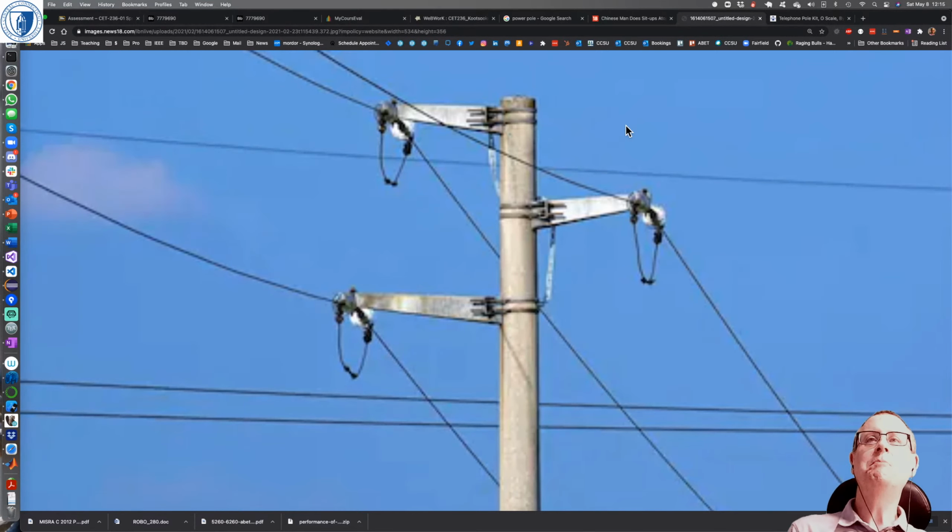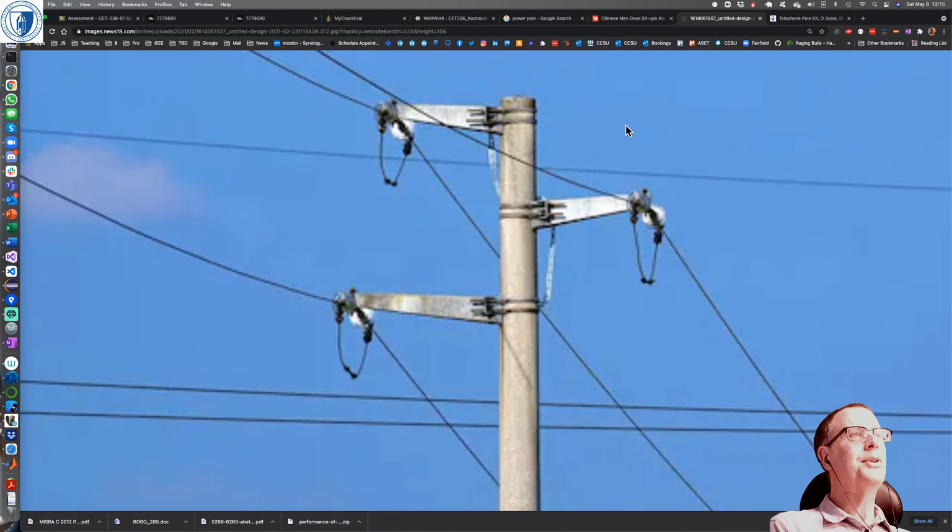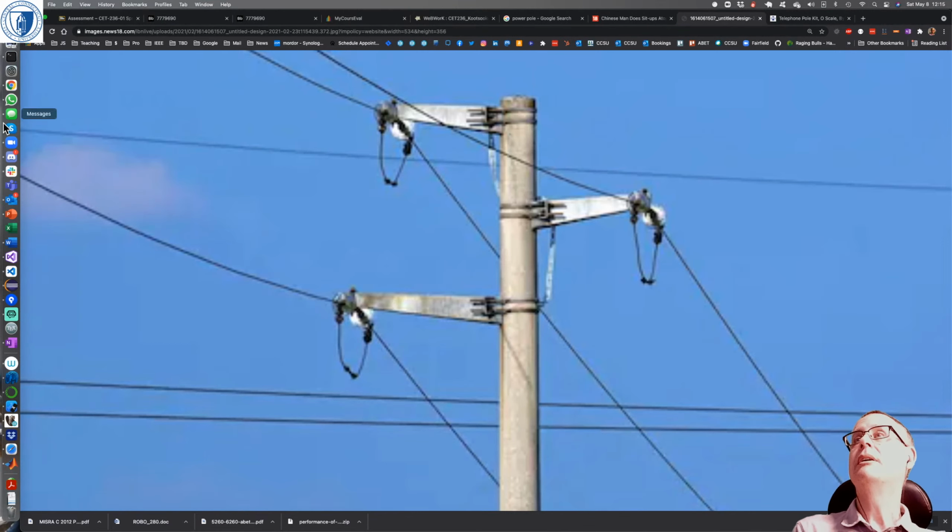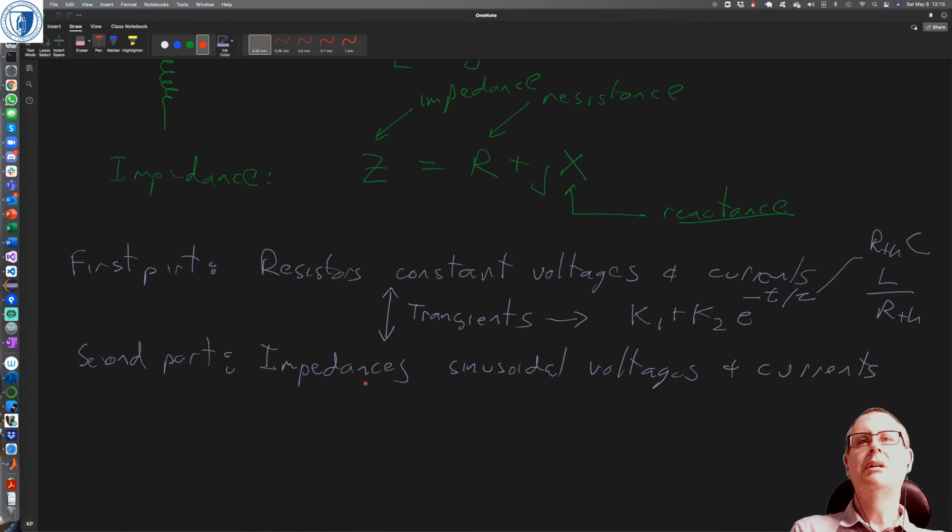These 3 wires on this example picture are 3 different phases, and it's like it was said earlier. The 3 phases are generated from rotating machinery. Let's have a quick look. In the main power companies they have generators.